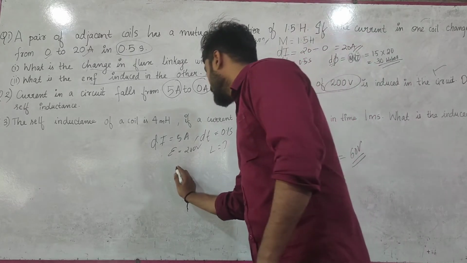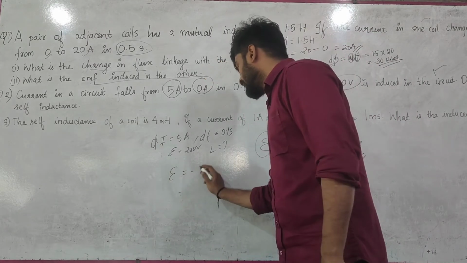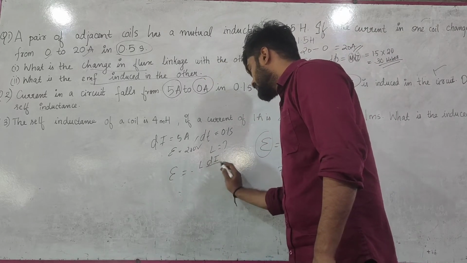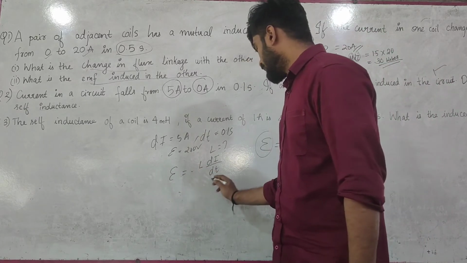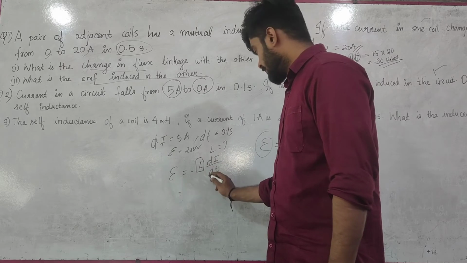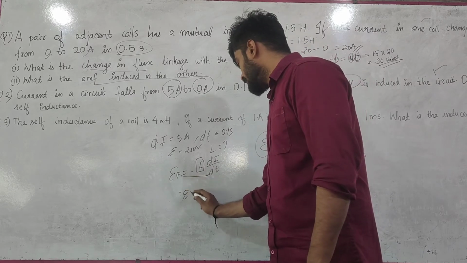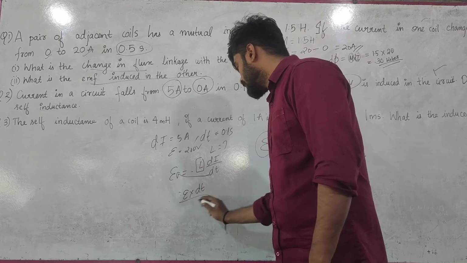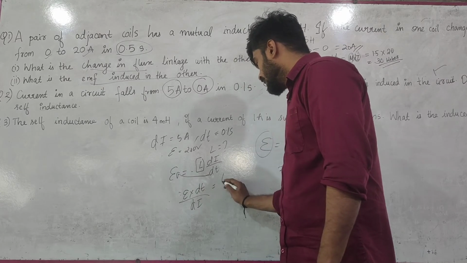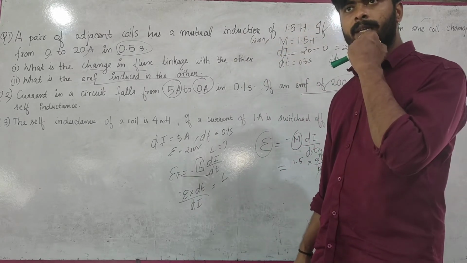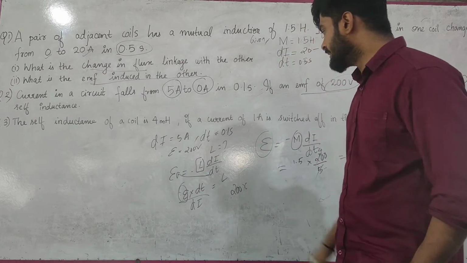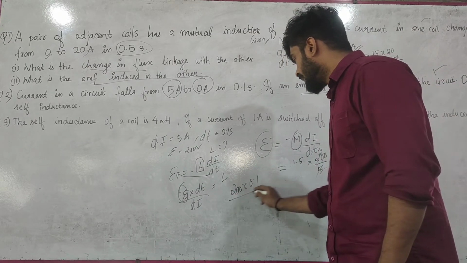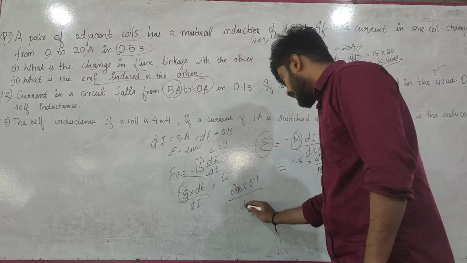You have the formula for EMF in case of self-induction. It is minus L di by dt, right? So you have to find L, right? Multiply dt with E. So E multiplied by dt divided by di will give you L. Am I right? EMF is 200, dt is 0.1, divided by di is 5.